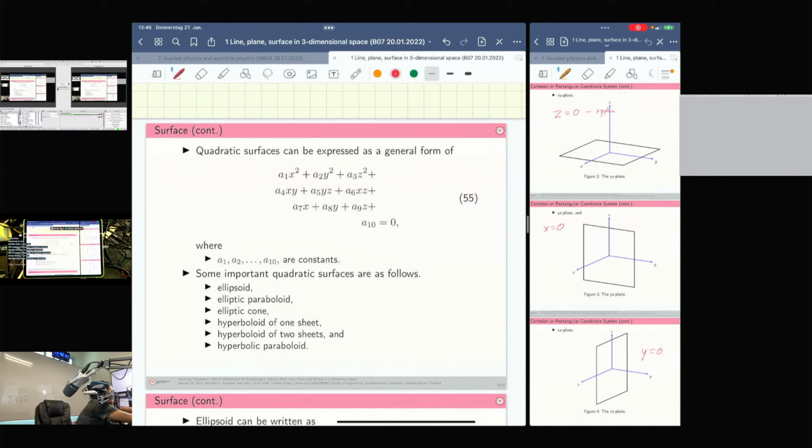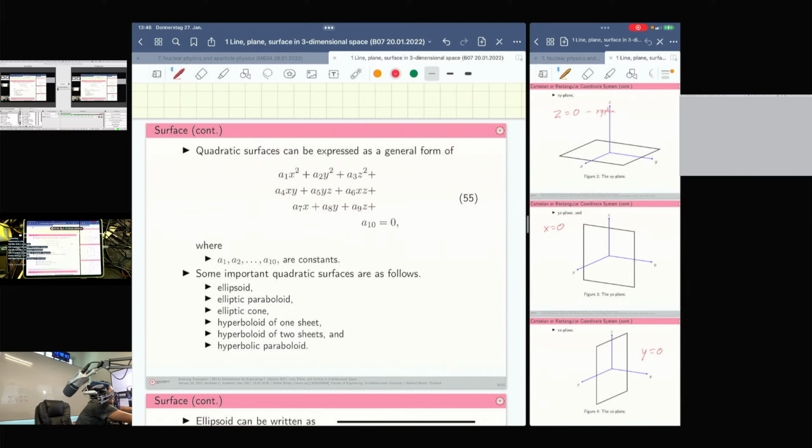One of the forms that we're going to consider at this level is, for example, a1 x squared, a2 y squared, plus a3 z squared, and a4 x y, a5 y z, a6 x z.